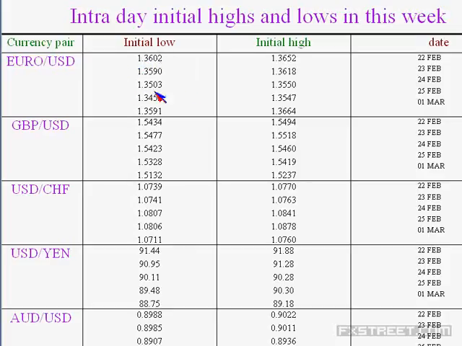Every week it was making a low around the 1.34 area, and subsequently went above that to 1.36 and stayed around 1.36. So today also you find 1.3591 is the low and 1.3664 is the high, and they are much higher than last Thursday. And on Friday, they came closer to that, and subsequently went up to almost that level of 1.3637 and 1.3680, and subsequently made the drop to the 1.36 area.